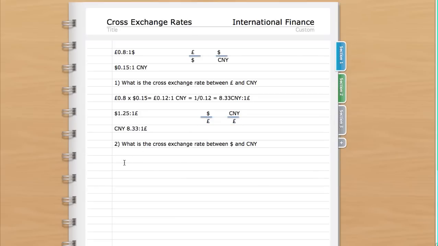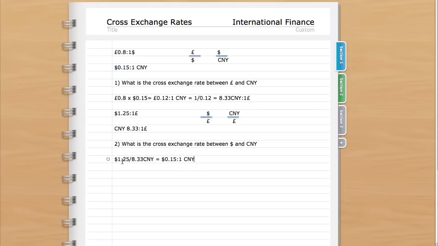We'd say $1.25 divided by 8.33 yuan would give us a cross-exchange rate of $0.15 to 1 yuan.